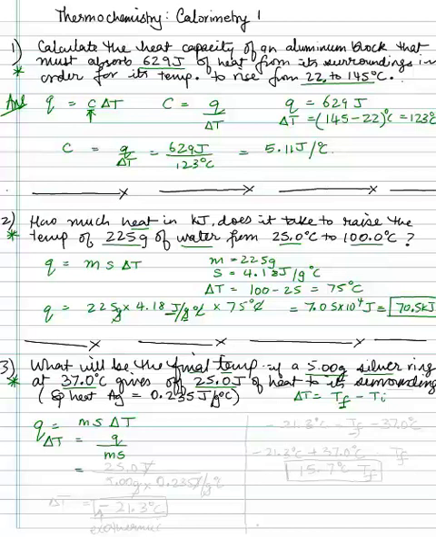So Q here is going to be 25.0 joules, divided by the mass of the silver, which is 5.00 grams, and then the specific heat, which is given to us, 0.235 joules per gram per degree Celsius.